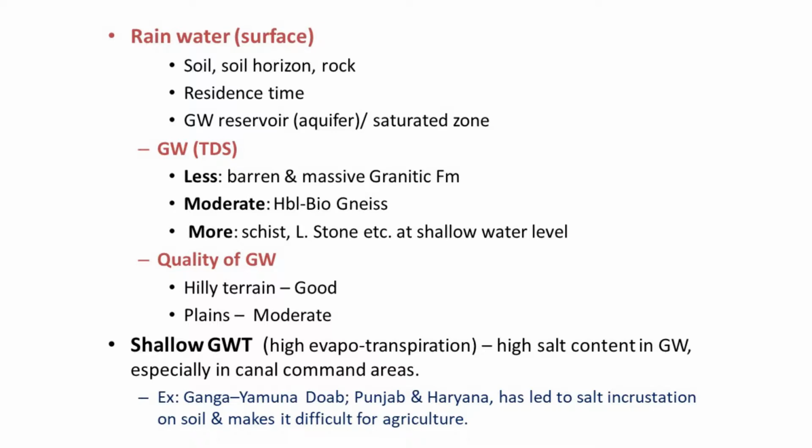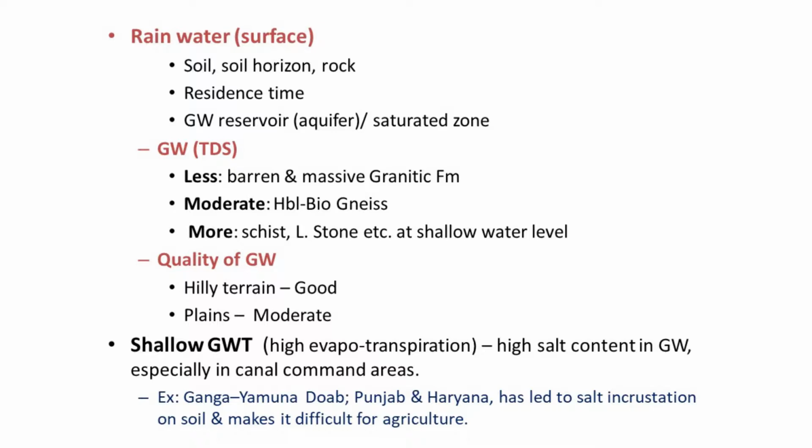The quality of groundwater will be different in different areas. For example, in hilly terrains where the recharge is more, we get good quality of groundwater. While in plains where the recharge is less in comparison to hilly areas, we get moderate groundwater because of the increment of salt in such areas.